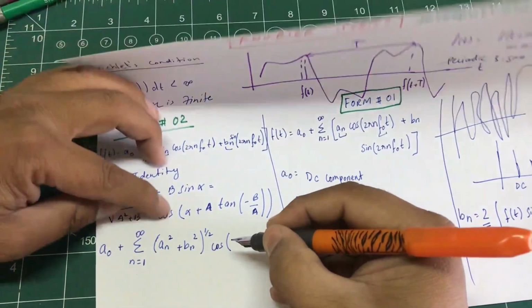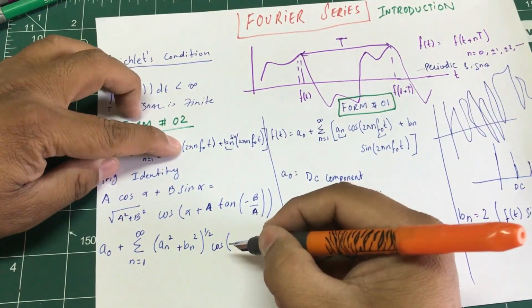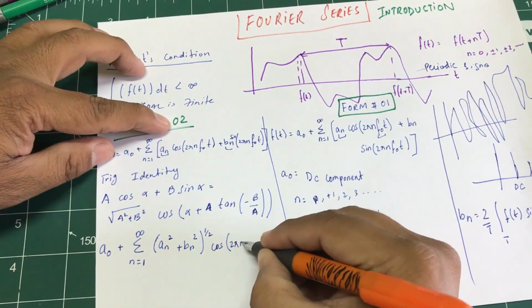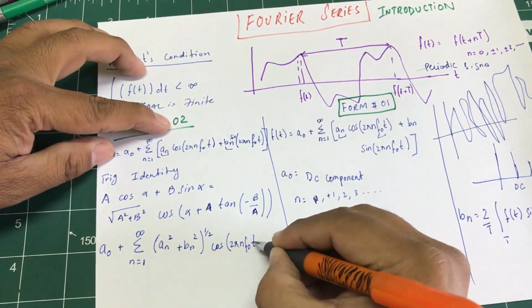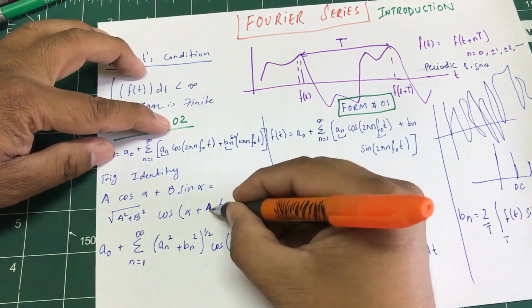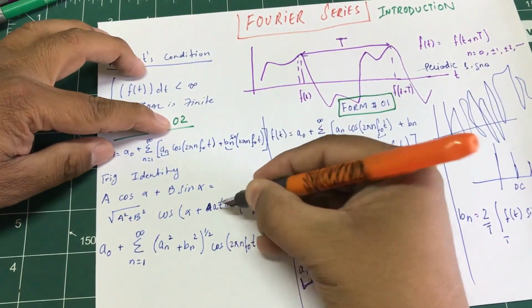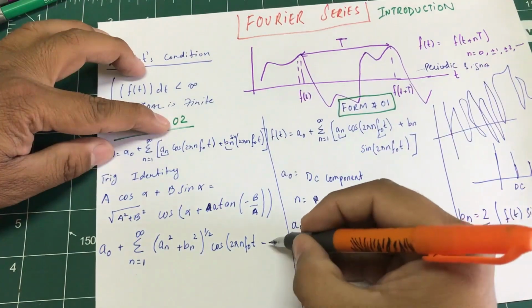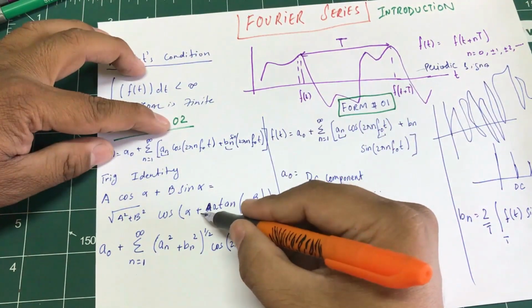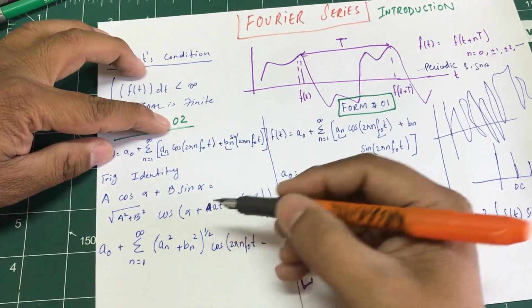Cos. What is my alpha? Alpha is 2 pi n f0 t. All right, minus, sorry, this is an arctan. All right, arctan, minus, sorry, plus.